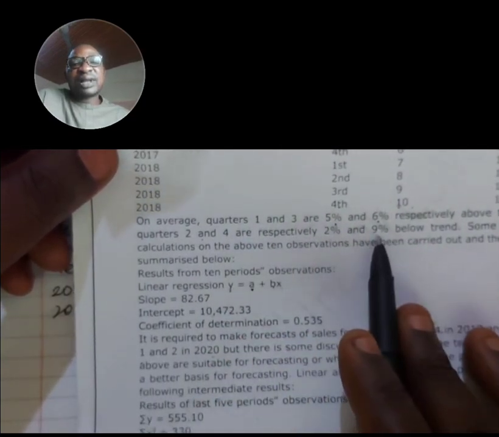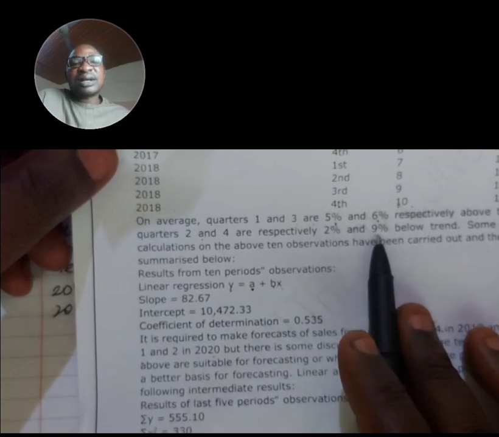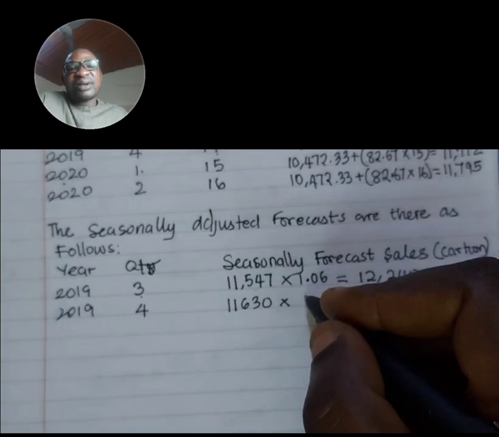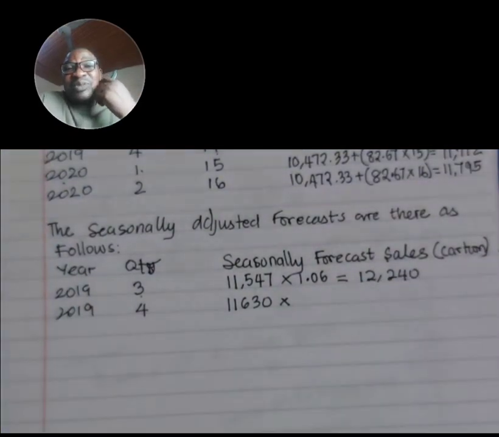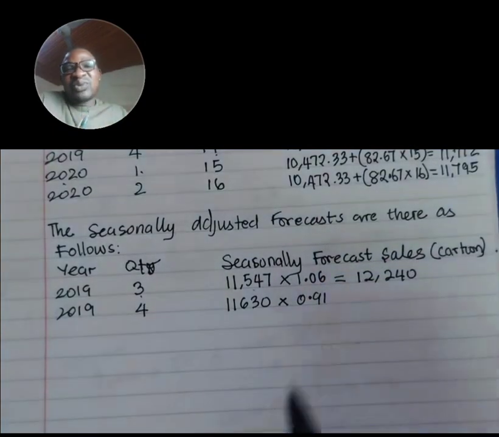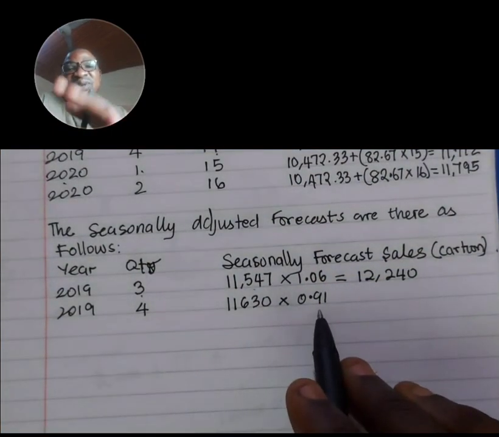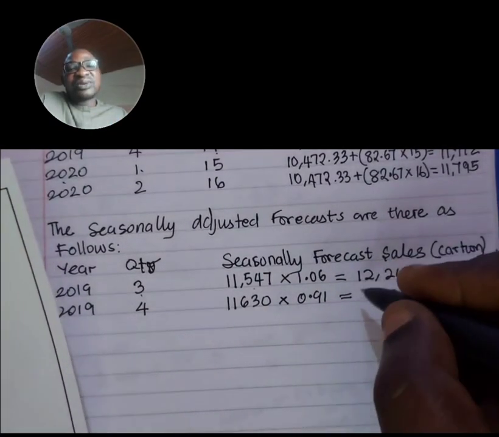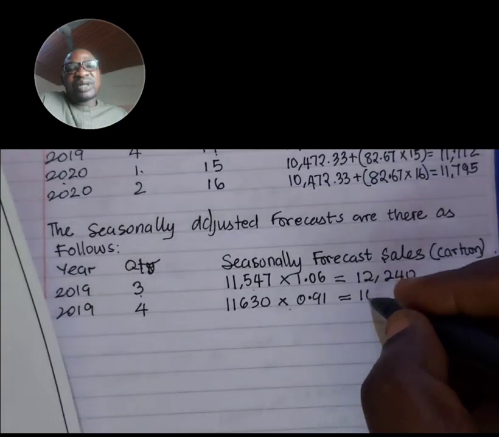Quarter 4 is 9%. So you multiply by 100 minus 9, that's 91, 0.91. So when you multiply this, it's going to give you 10,583.